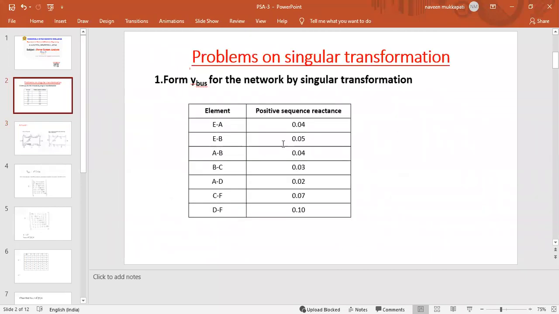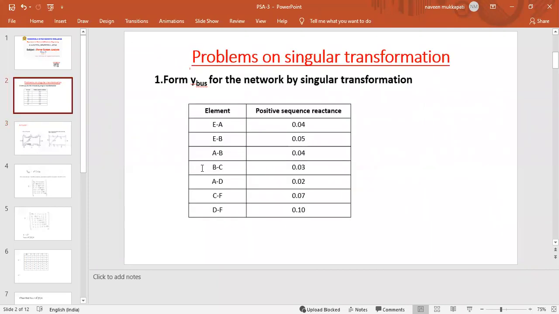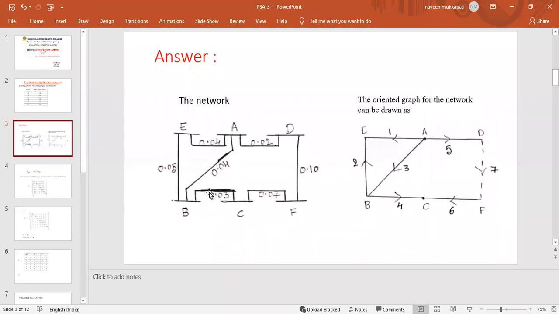E to B. E to B is 0.04. Next element, A to B. A to B is 0.04.